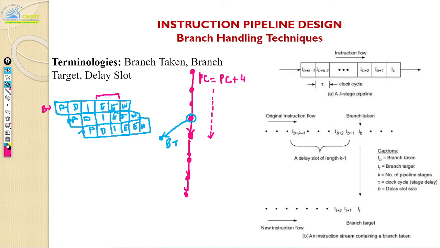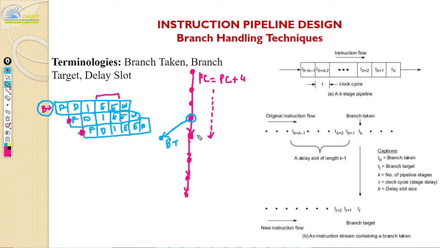So this is the branch instruction. We'll put a blue circle on top. Oh, sorry, so this is your branch instruction, and then these are the subsequent instructions after the branch.